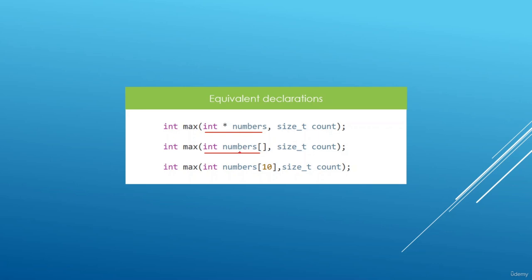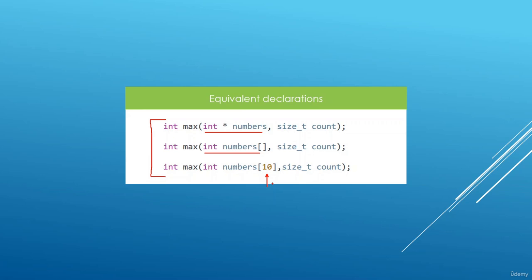The name of the array can be treated like a pointer to the first element of the array, so numbers here is really an int pointer. And the third function here is really the same array. We are just specifying the size of this array, so this can also be treated as an int pointer. So the compiler is going to treat these three functions as the same, and if you try to set them up as is, you're going to get a compiler error.